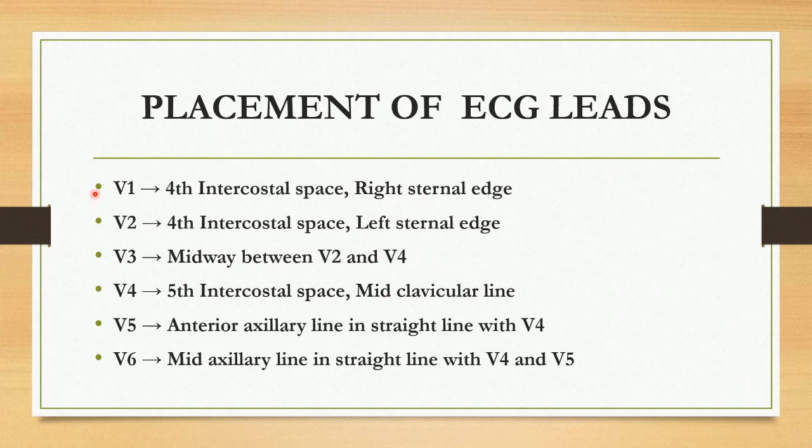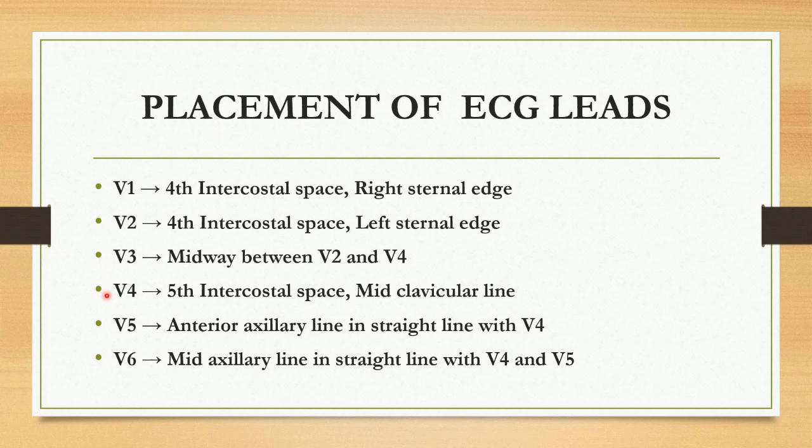V1 should be placed in the fourth intercostal space at the right sternal edge. V2 can be placed in the fourth intercostal space at the left sternal edge. V3 should be placed between V2 and V4.